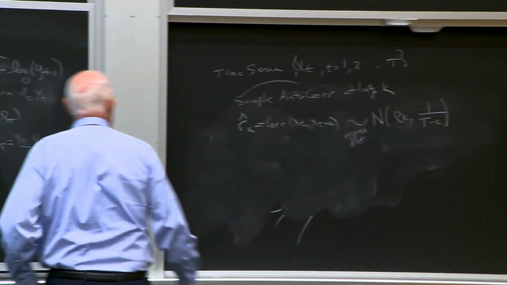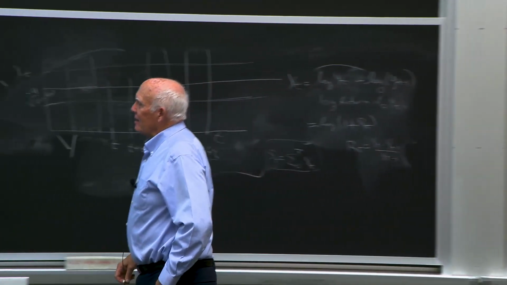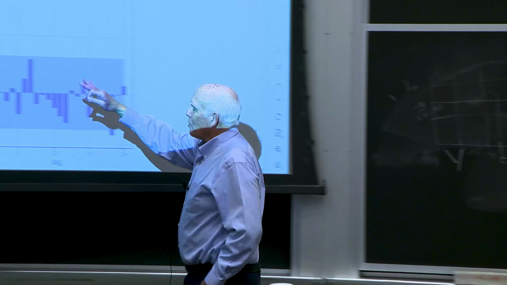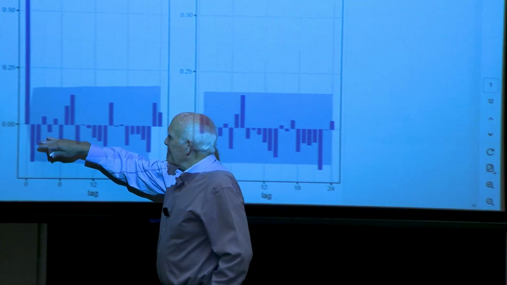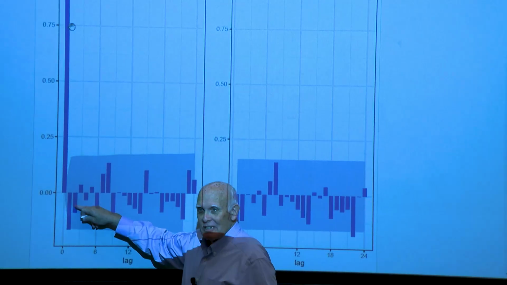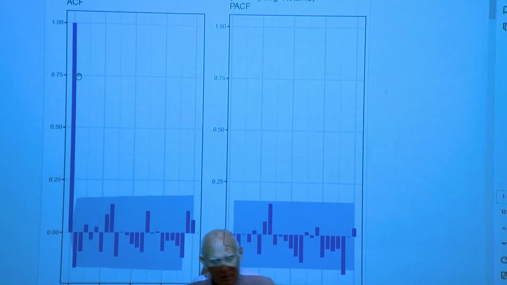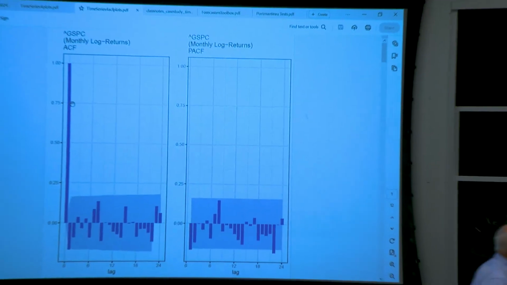So if we look at these bands, they correspond to the region of sample autocorrelations that are consistent with a true autocorrelation of 0.